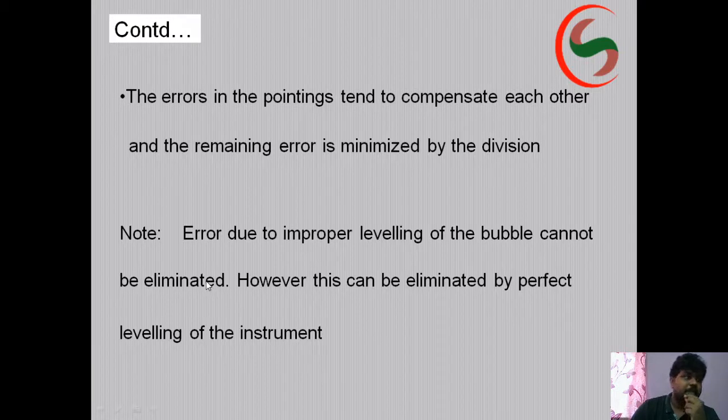Leveling is to be done in the vertical plane, and what we have done is all in the horizontal plane. Perfect leveling of the instrument means you have to perform it properly. Errors in the vertical plane can be eliminated only by properly doing the leveling.